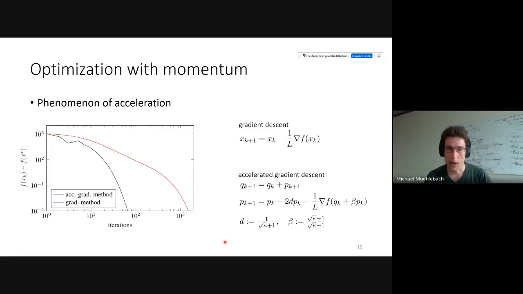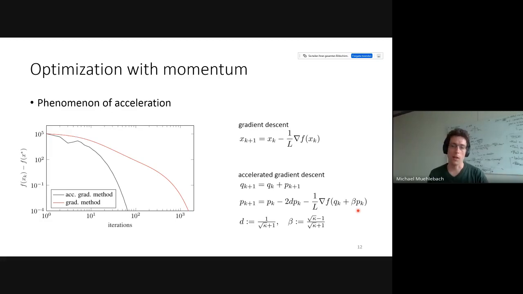So with the notation in place, I can now state both algorithms. So here's gradient descent, just performing a step along the negative gradient. And here's accelerated gradient descent, where I used a version that was suggested by Professor Nesterov, so a constant step size version.